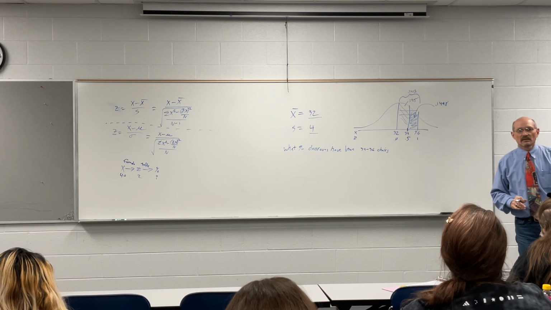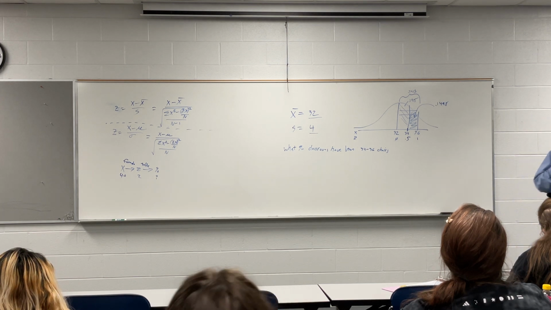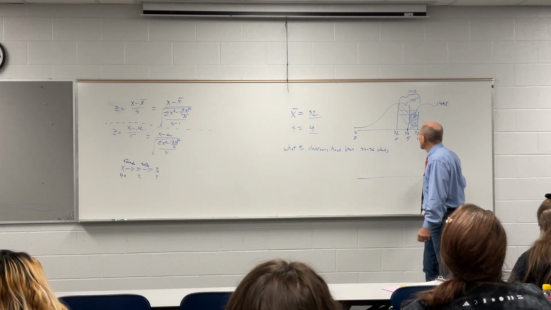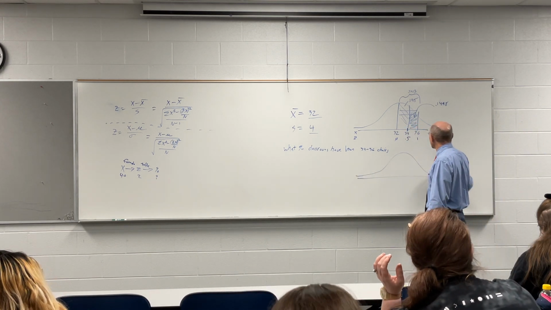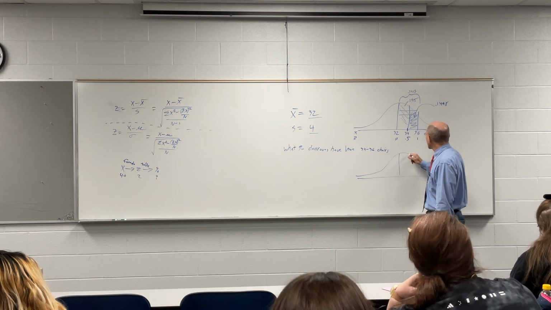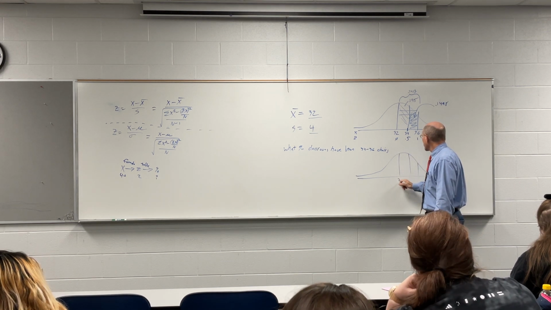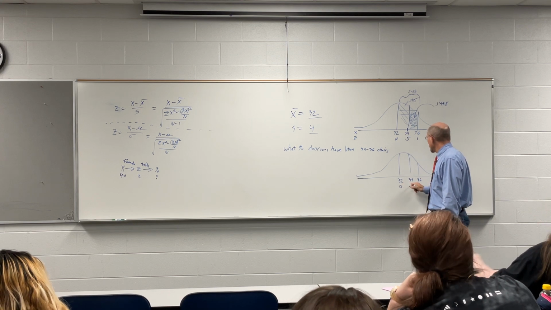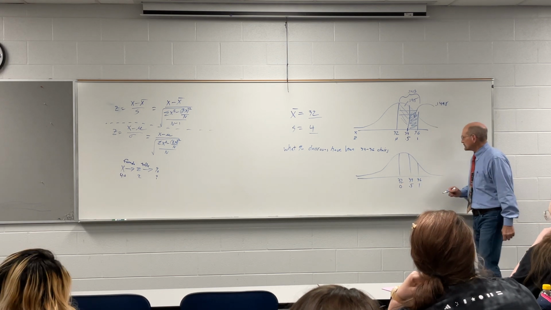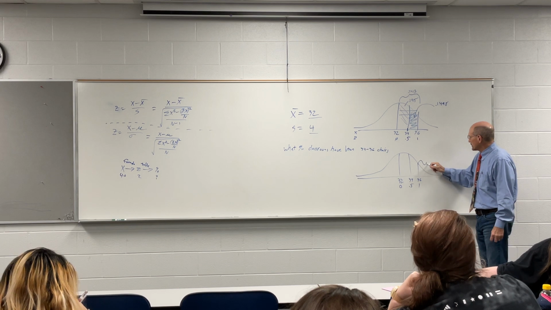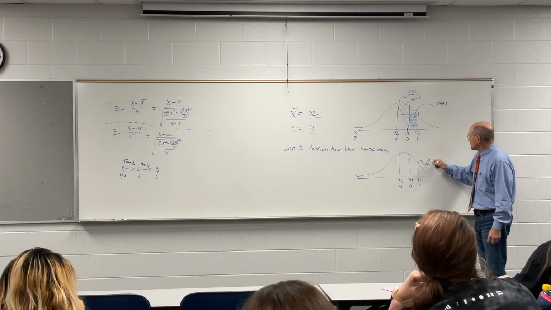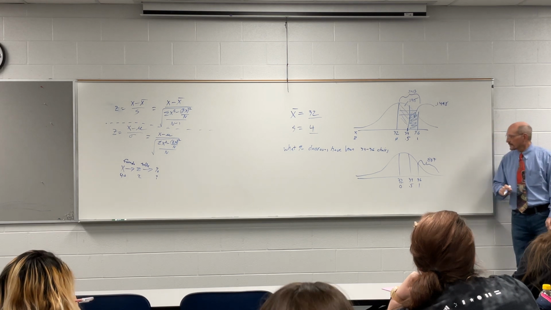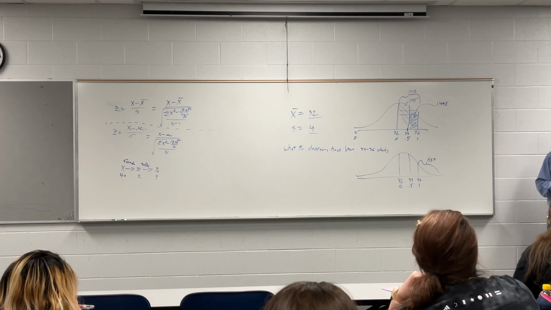If you wanted to use the C column, I'm going to redraw it so it'll look similar, but maybe not be quite as cluttered. There's 32, there's 34, there's 36, 0.5. This area is 1587, right?